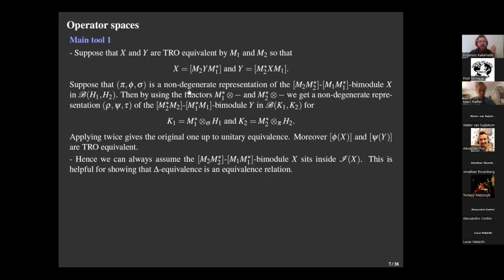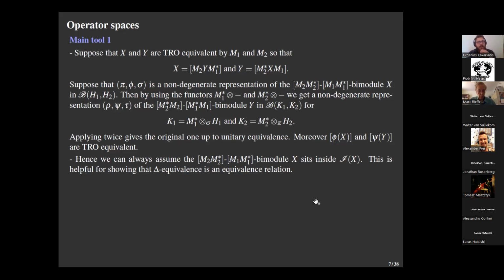So if you start with a non-degenerate representation of X as a bimodule, then by using the usual trick as you do with Morita equivalence, by constructing M1 star tensor the Hilbert space and M2 star tensor the Hilbert space, you can induce a representation on Y.